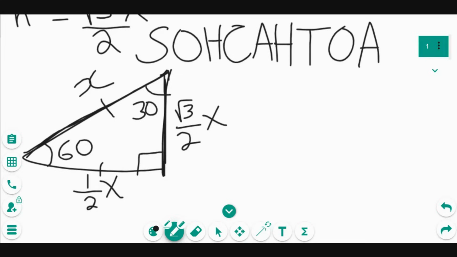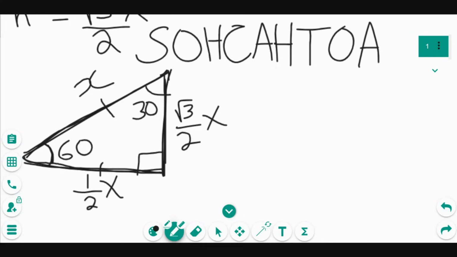It depends which angle we are dealing with. But the adjacent, we said, is the side which makes the angle together with the hypotenuse. If I am dealing with angle of 60, this half x side becomes the adjacent.